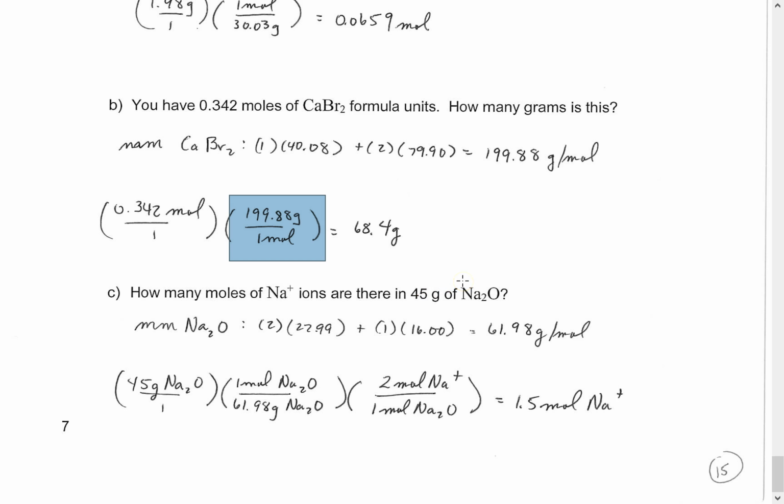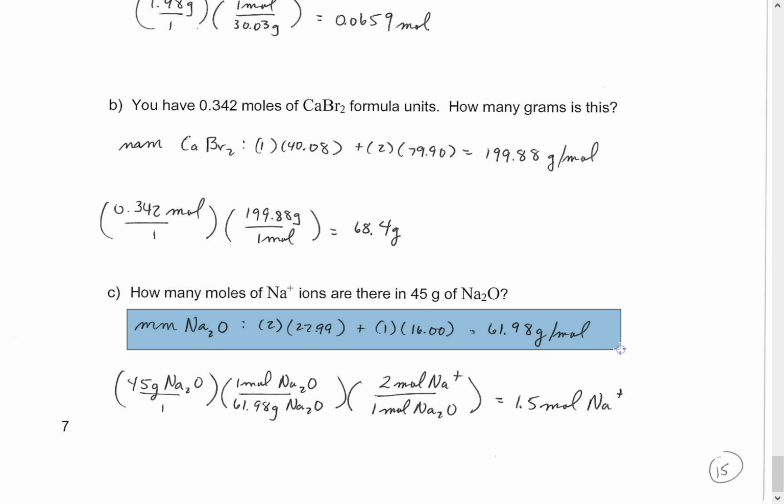And then the last little bit, I recognized that there are 2 sodiums for every 1 Na2O. So that was the last term you're going to see. So here we go. So I needed to knock out the molar mass of the compound. So 2 times the decimal number of sodium plus 1 times the decimal number of oxygen, 61.98 grams per mole of the compound.